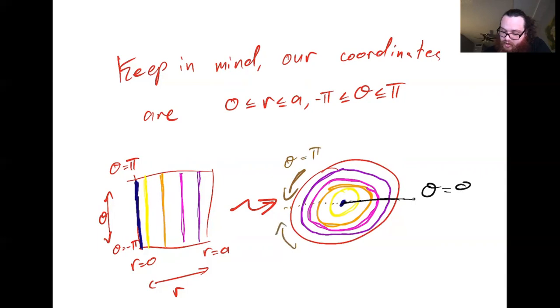As you approach from below, you're approaching theta equals negative pi. So what we're doing is effectively gluing this line segment to this line segment. And where does this line segment get mapped to? It gets mapped right there. When theta is 0, that's this line segment, and that gets mapped to that.